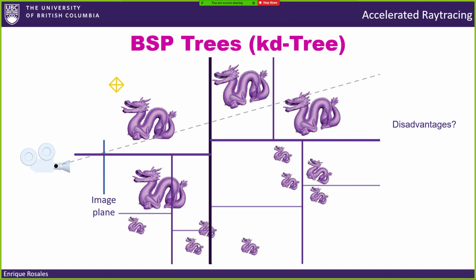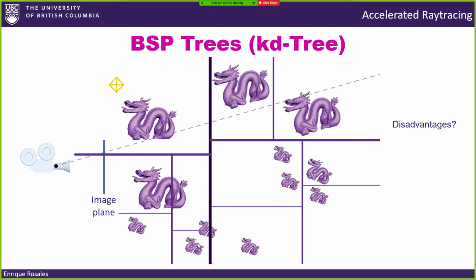Okay, that's it, you will end there. But it's true, depending on how you define your stopping criteria, you could have leaves with a lot of triangles.